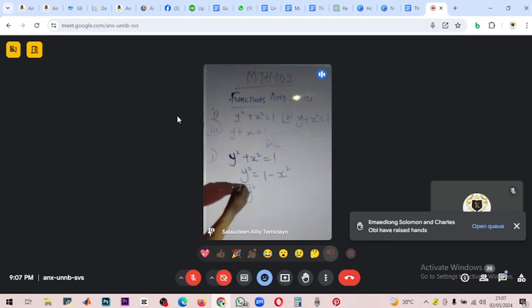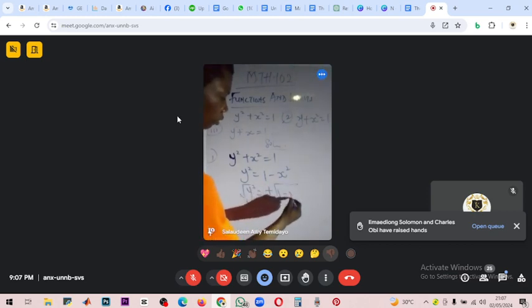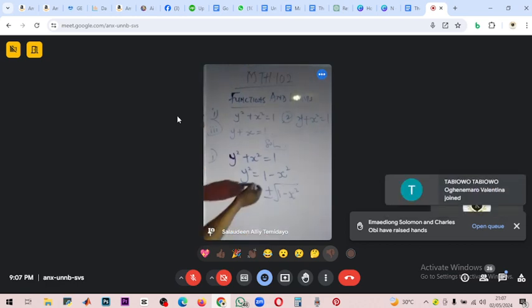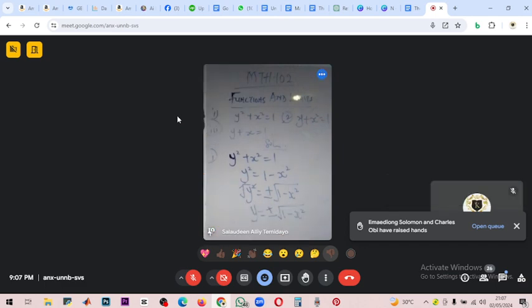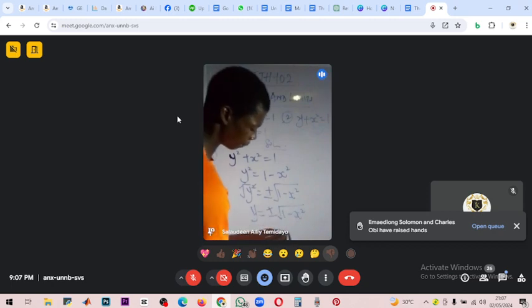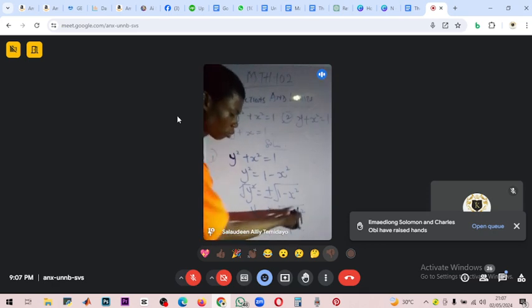So the square root of y squared equals plus or minus the square root of 1 minus x squared. So we have y equals plus or minus the square root of 1 minus x squared. So if x is 1, then I'm going to have 1 minus 1 squared. That means the square root of 0. That is plus 0 or minus 0.